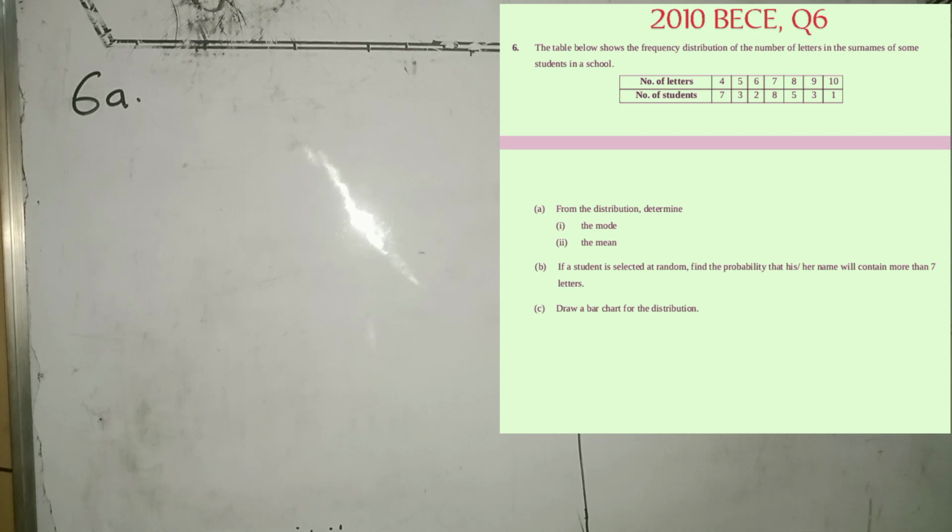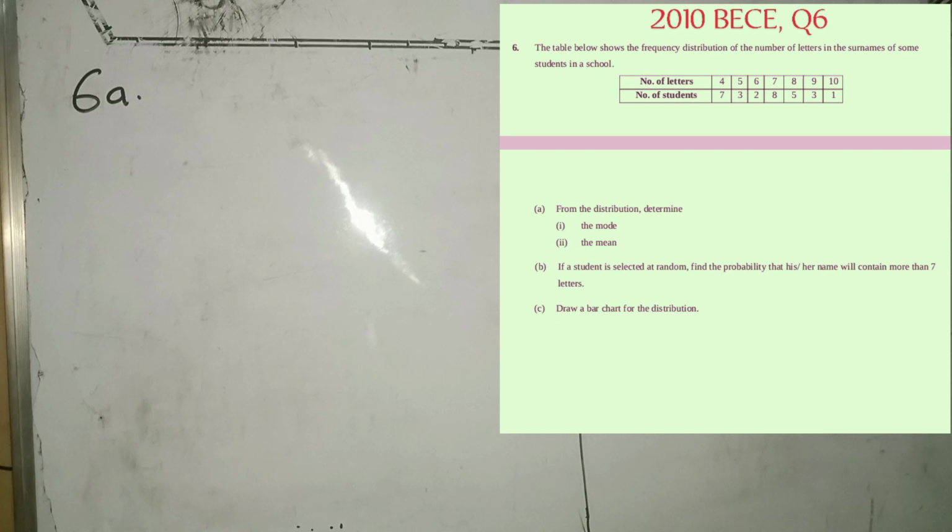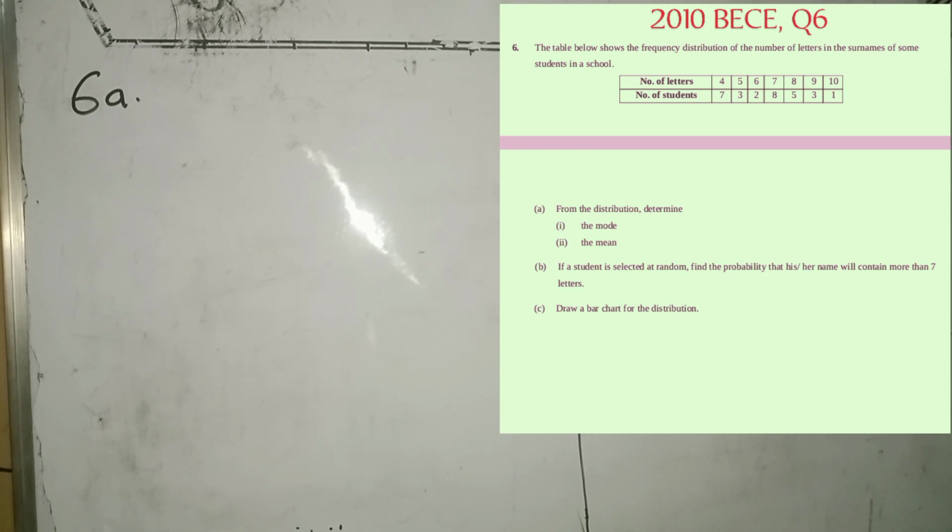Now, you don't just go and look at the highest data or the highest observation. You first of all go to the frequency, in this case the number of students. Then you look out for the highest frequency. So when you observe critically, you can see that the highest frequency is actually 8.